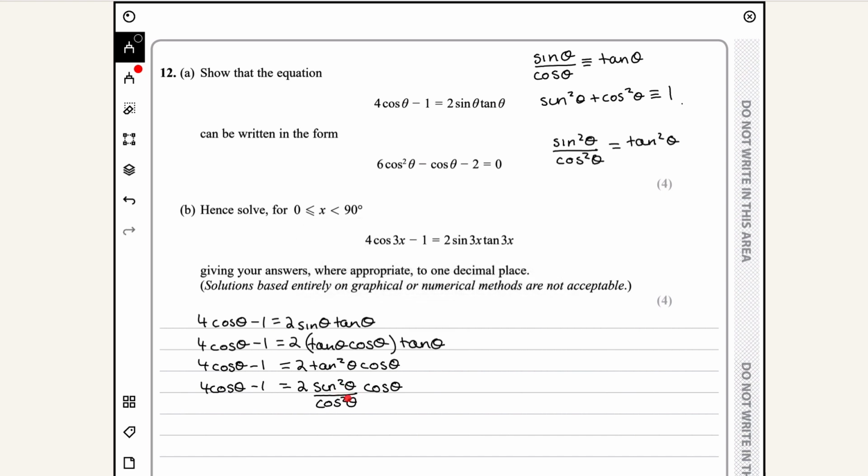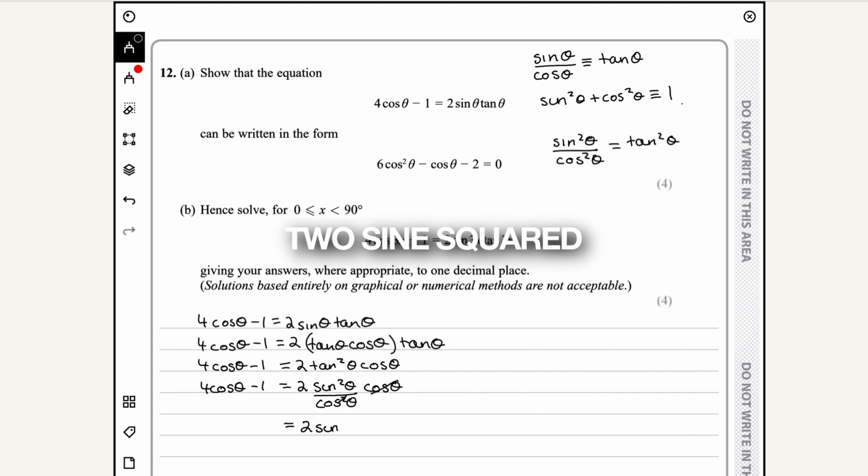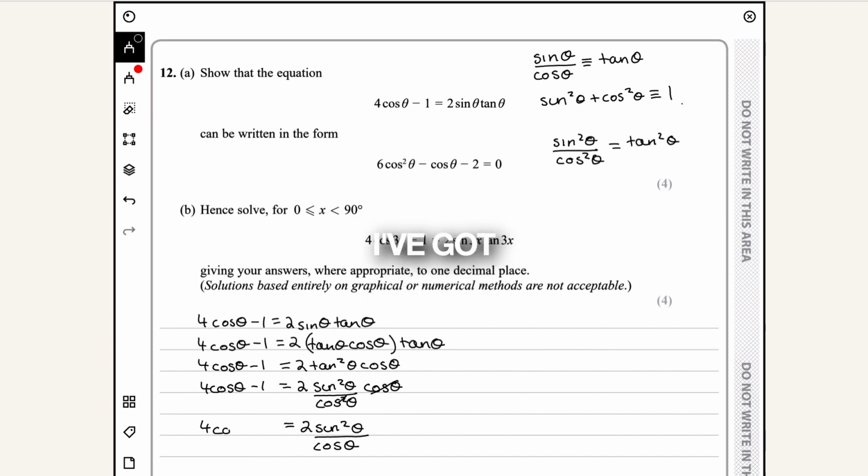Now I can cancel this out here, so we can write this out again: 2 sin squared theta over cos theta, and on this left hand side I've got 4 cos theta minus 1. This is where I use this identity here.